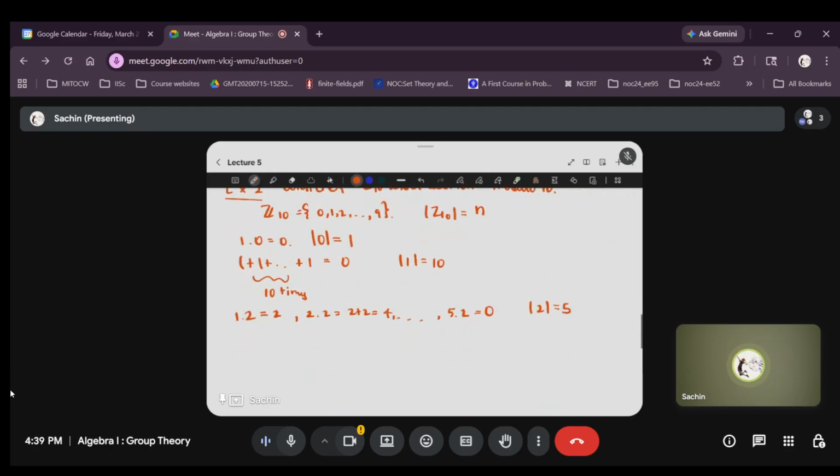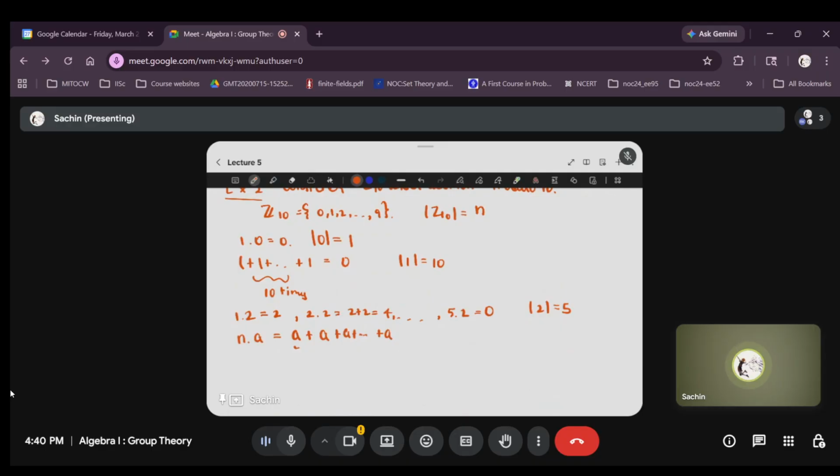What is the order of 3? So here for integers, the nice thing is that when we mean the notation n times a, in a general group, it is a plus a, etc. So a appears n times in this expression.